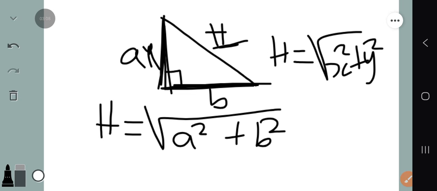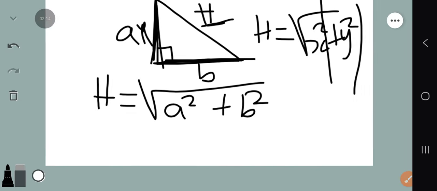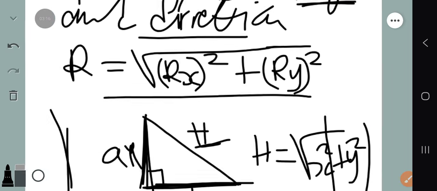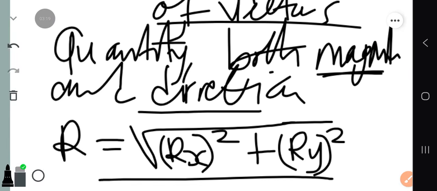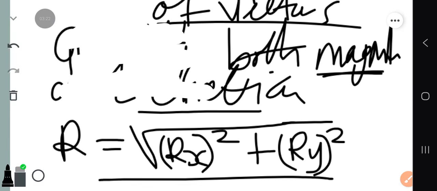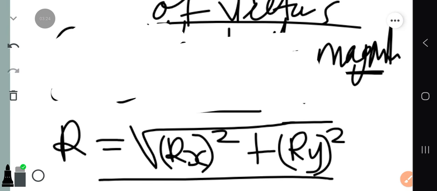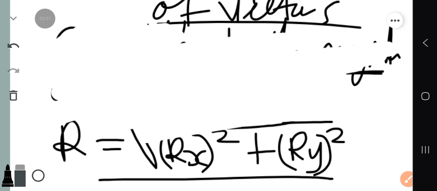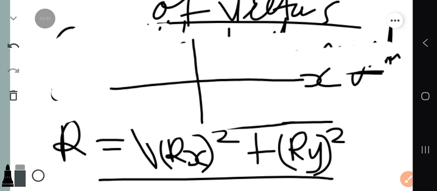All this is coming from the idea that when we draw the Cartesian plane, let's say this is the y-axis and this is the x-axis, all right? So this is x and this is y. And we draw the resultant there, and if you complete it, this is x and this is y.